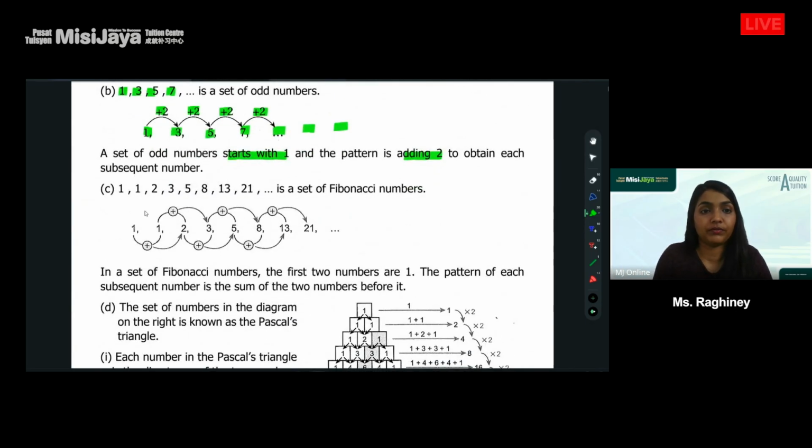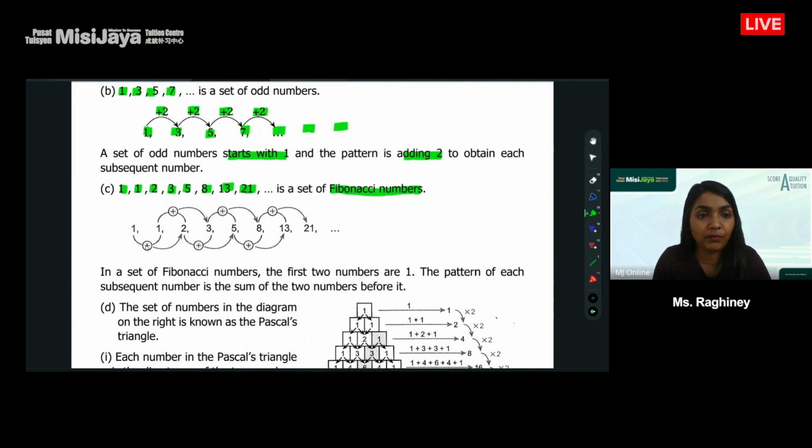How about this one? C. This is known as the Fibonacci numbers. What is the pattern in Fibonacci numbers? The pattern in Fibonacci numbers is 1, 1, 2, 3, 5, 8, 13, 21. How did they come up with this? Can you see?